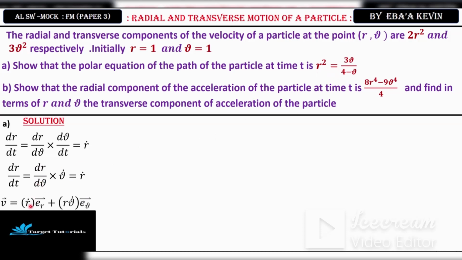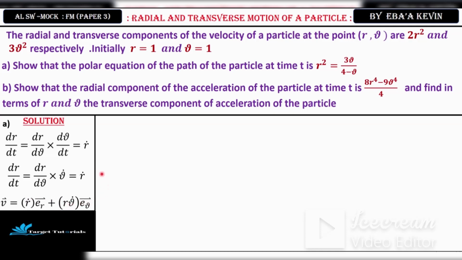We know that the velocity of a particle is given by two components, that is the radial component of the velocity and the transverse component of the velocity. The radial component of the velocity is given as r dot, and the transverse component of the velocity is given as rθ dot.